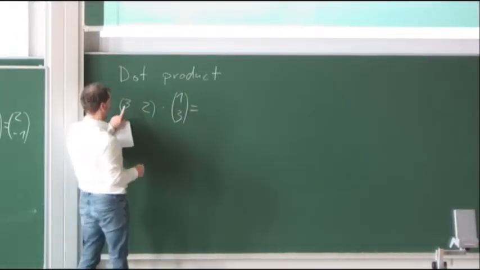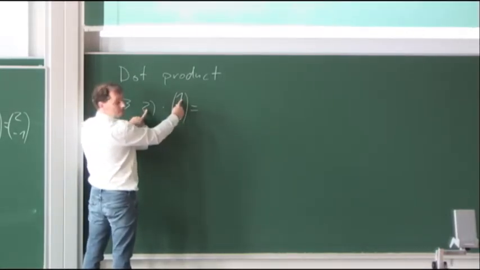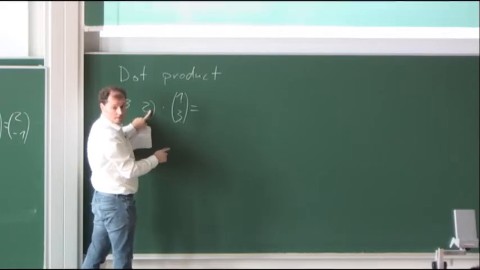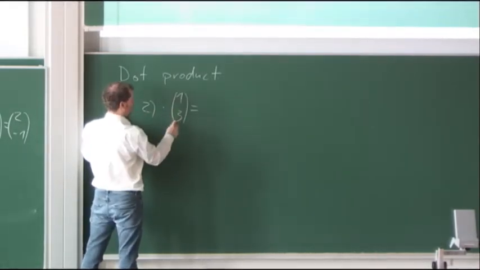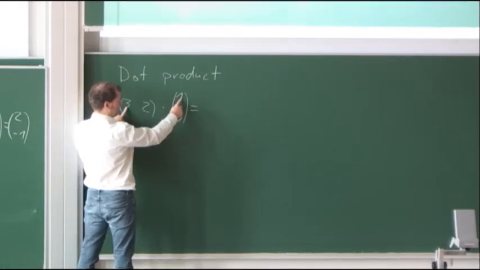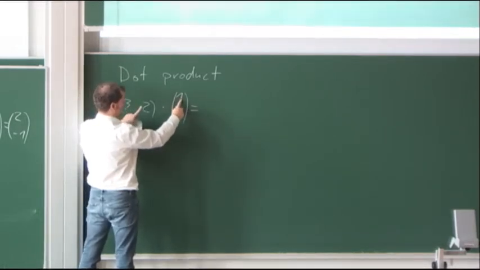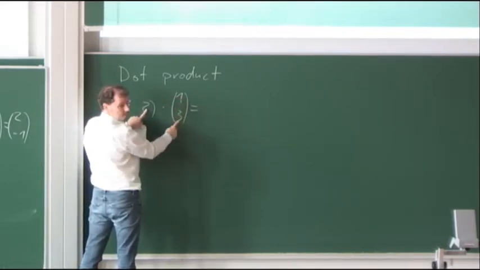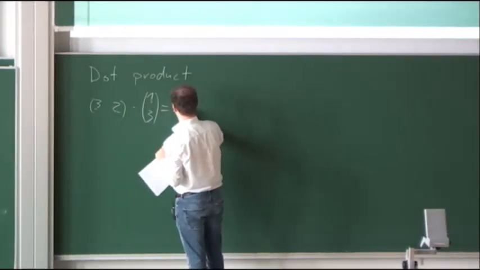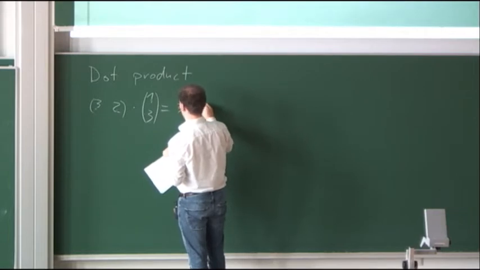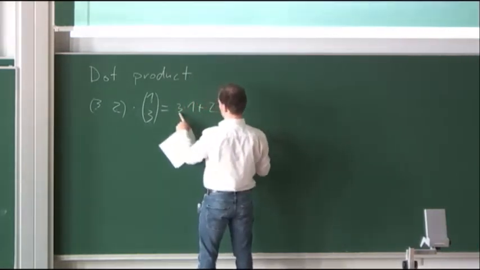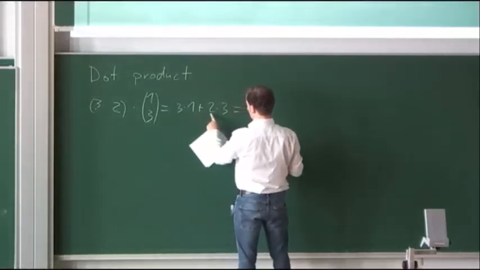So it's this times this plus this times this. So on the left side, you go from left to right. On the right side, you go from top to bottom. And you always multiply the elements, this times this, and then you add them up, plus this times this. So this is 3 times 1 plus 2 times 3, which is 3 times 1 is 3, plus 6 is 9.